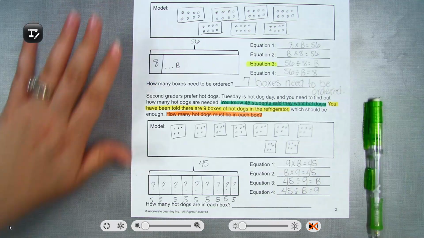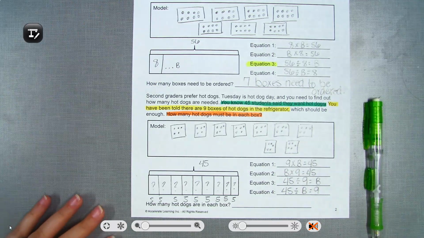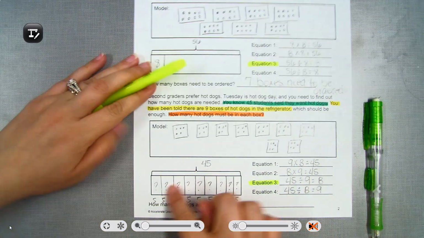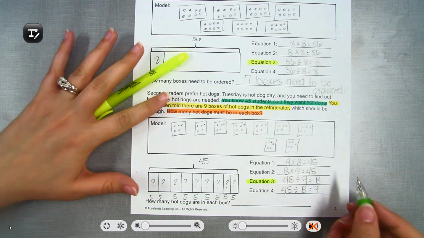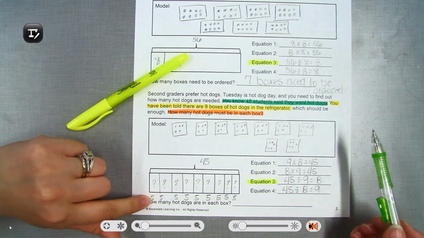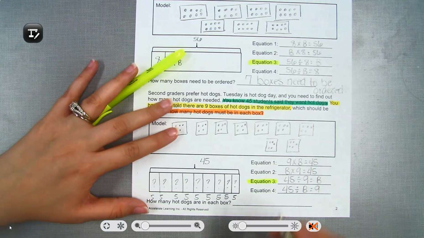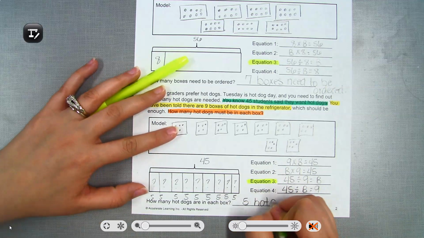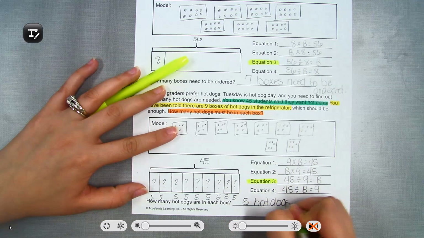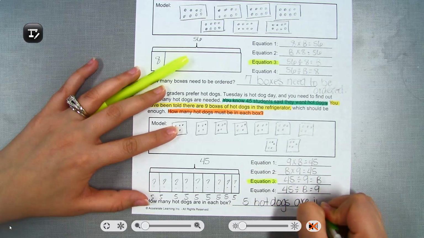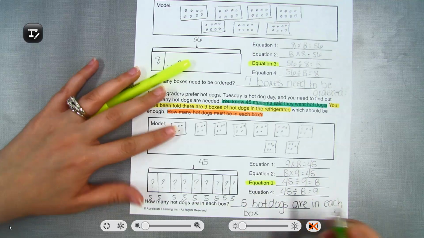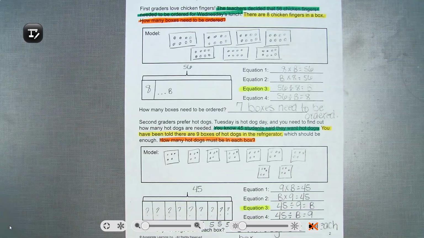Okay, so we did this equation. That's how we did our picture. So we know that 5 are going to be in each box. So 5 hot dogs are in each box.